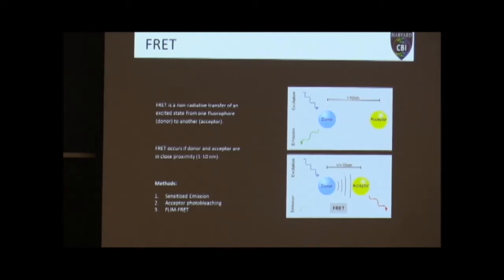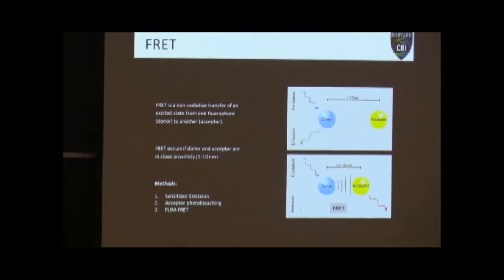If they get close enough together, and there's that overlap between the emission of this one and the absorption of this one, what's going to happen is that blue light is going to come in, and instead of giving off green fluorescence, it's going to transfer that energy over to the acceptor, and the acceptor molecule is going to go into its excited state, and then it's actually going to give off, let's say, red fluorescence.